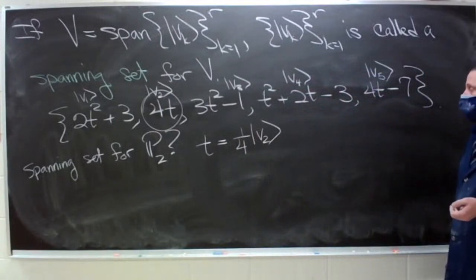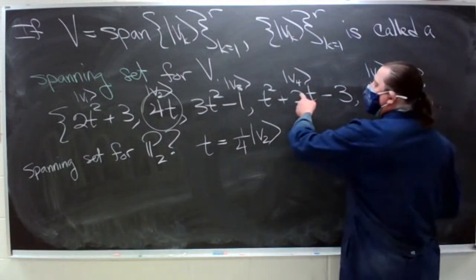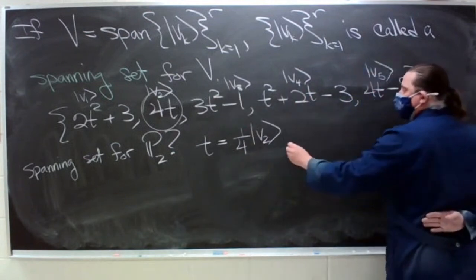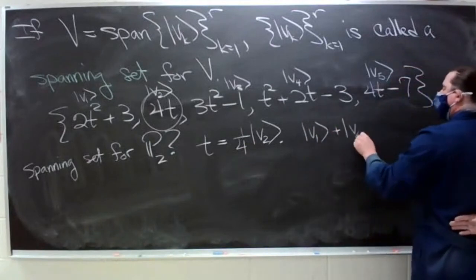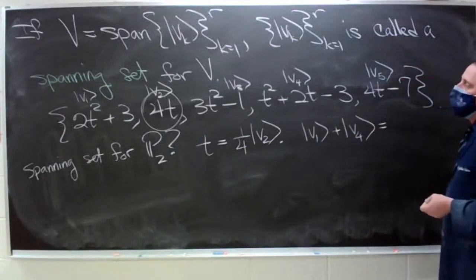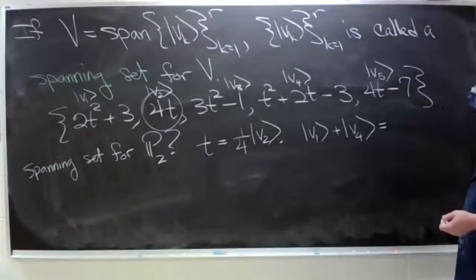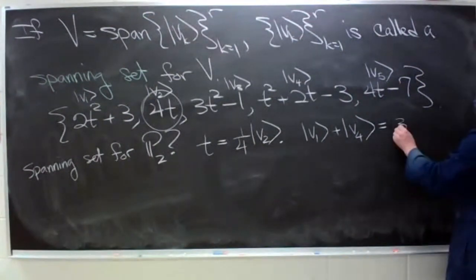And now, if I add v1 and v4 together, I'll get 3t squared plus 2t.